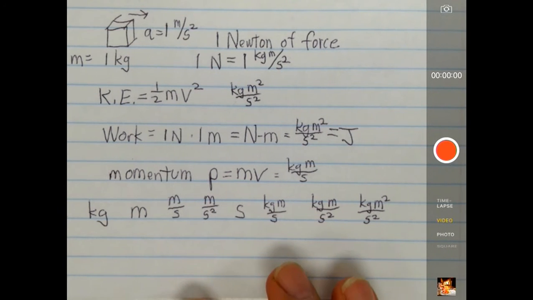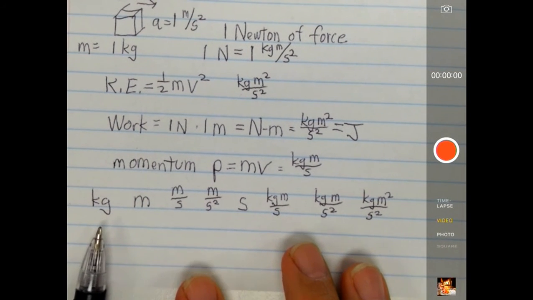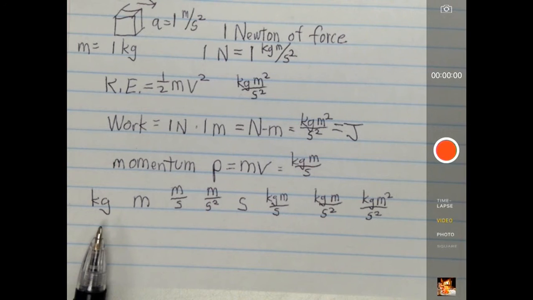What variable has the units of kilograms? What is the name of the variable that we use that has units of kilograms? Daniel.